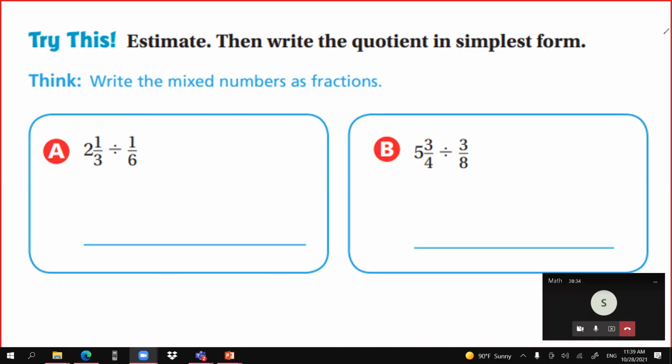Okay. Malak Mahmoud. Yes, Malak. 2 and 1 over 3 divided by 1 over 6. What do you have to do first? As a fraction. Yeah.